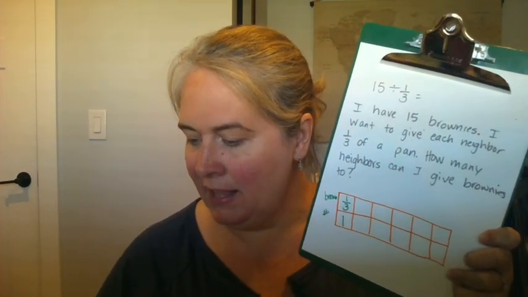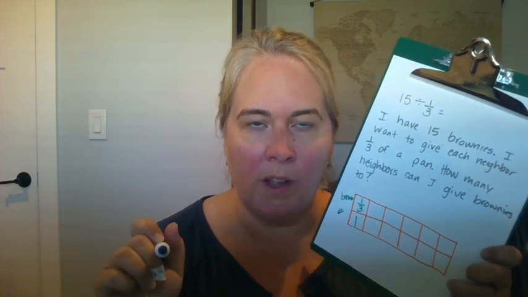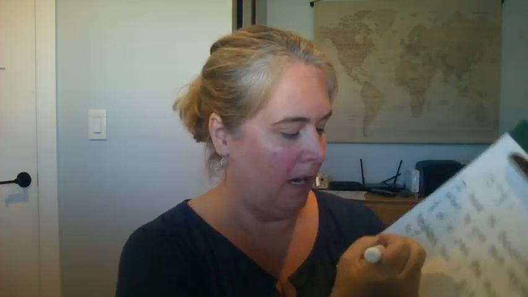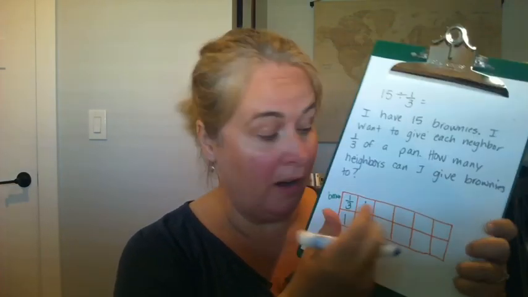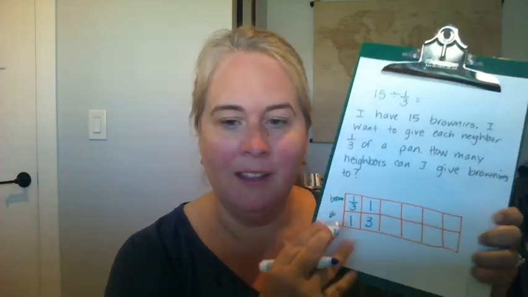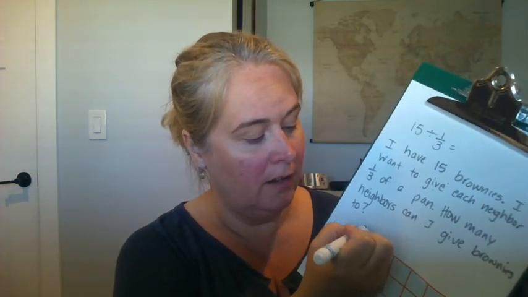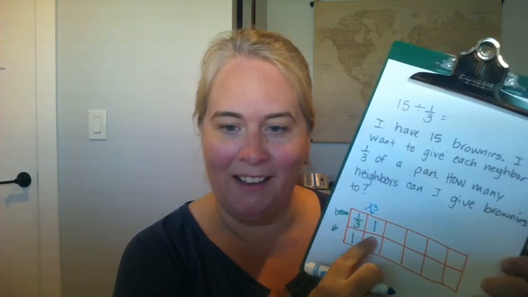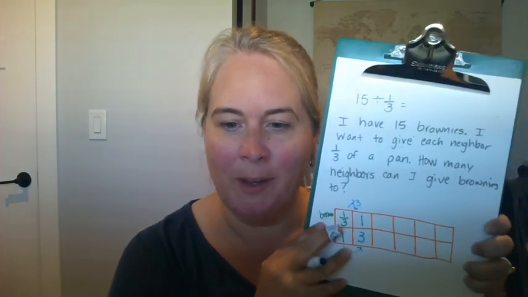Then I know that 1/3 plus 1/3 plus 1/3 would be 1 pan of brownies. If I have 1 pan of brownies, I could give that to 3 neighbors, because 1/3 times 3 is 1, and 1 times 3 is 3.